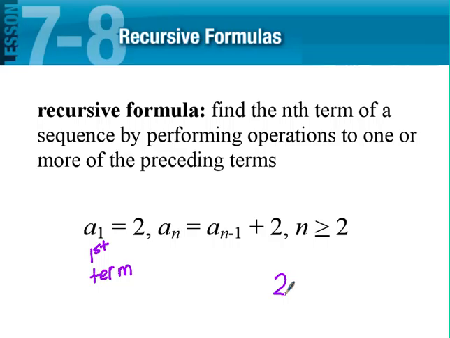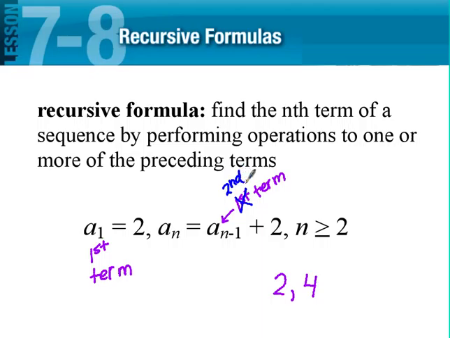this means you take the first term, and what does it say I do to it? I add 2. So the first term is 2, right? You add 2 to that and you get 4. So now instead of the first term, I'm going to now use the second term. And I'm going to take the second term in here.